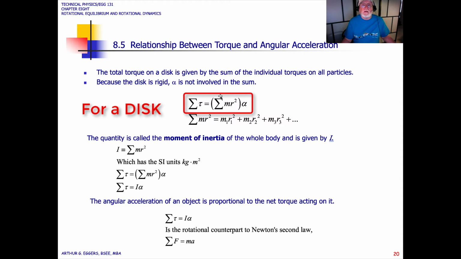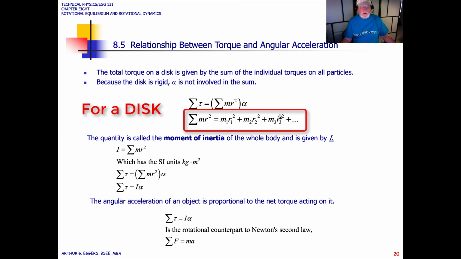Now it becomes the sum of all the masses at their given radii squared. The sum of m r squared equals, just like we saw when we did our center of gravity relationship, the first mass, radius 1 squared, second mass, radius 2 squared, etc.